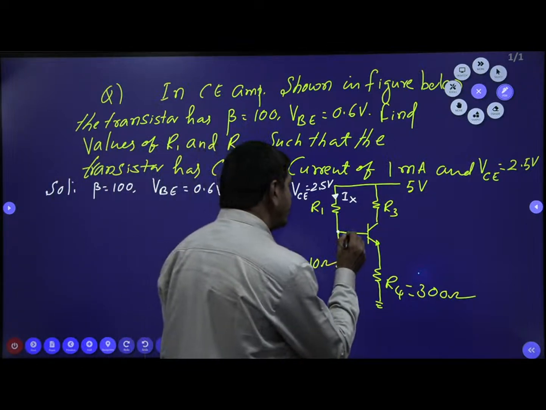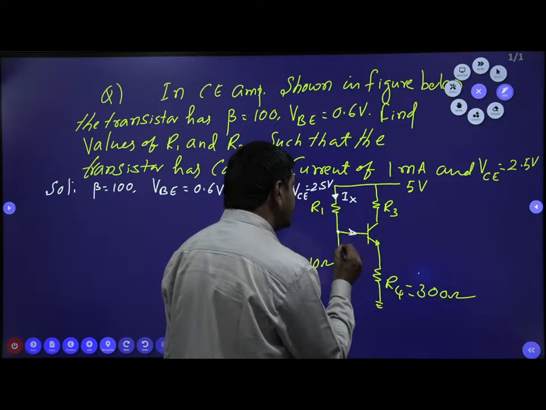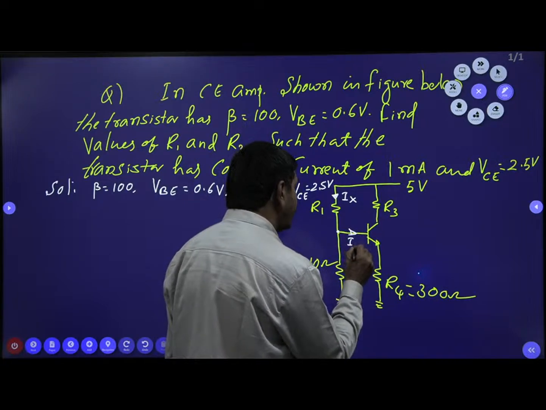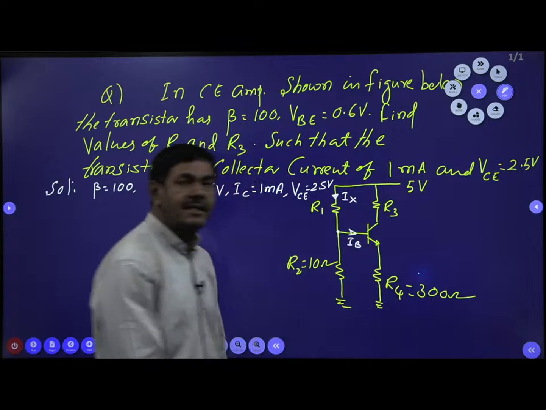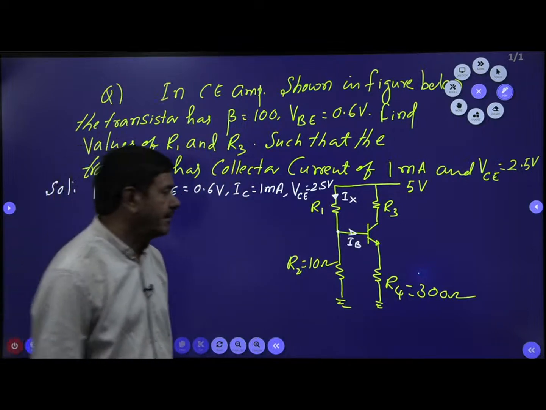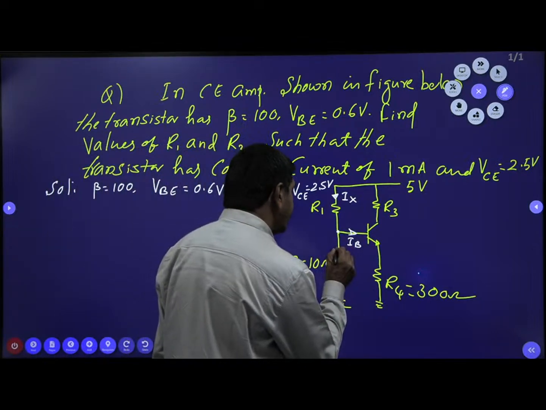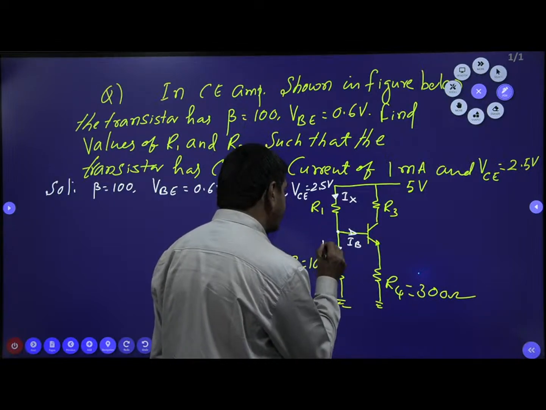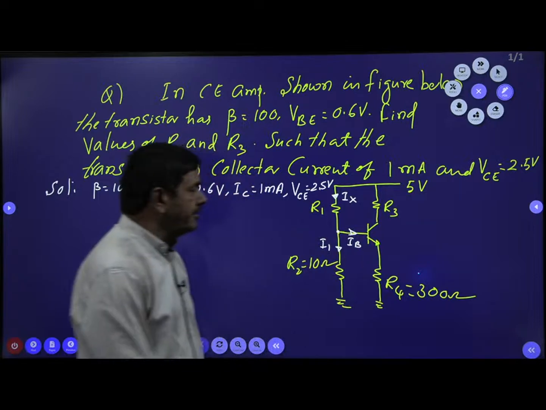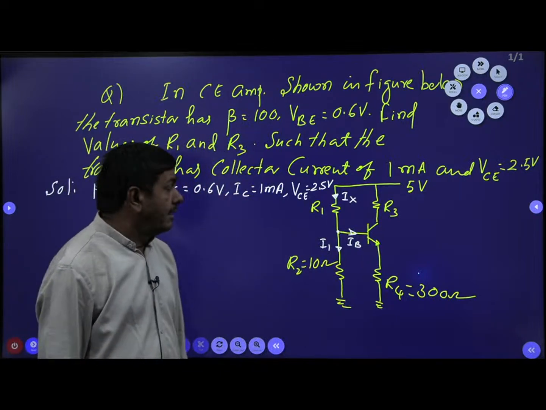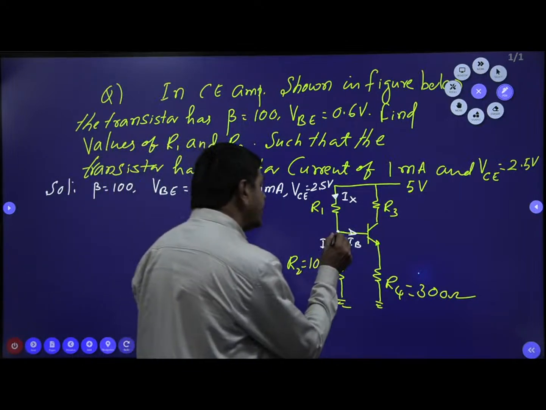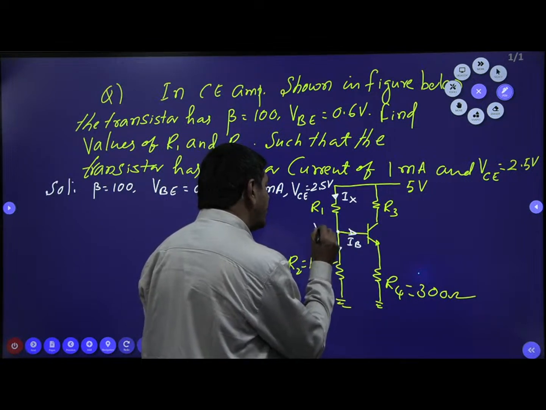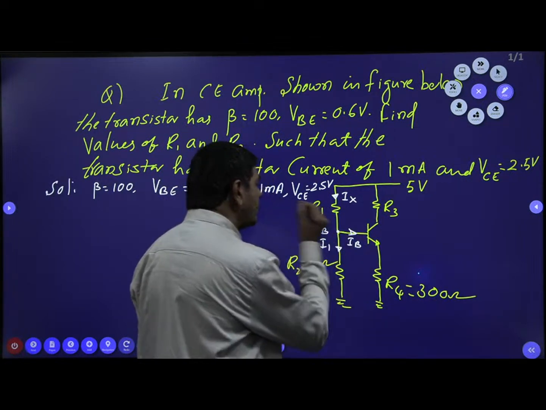The current which passes this side is the base current of this BJT. I want to take the current passing through R2 as I1. And this node voltage I want to denote by the symbol VB, the base voltage.